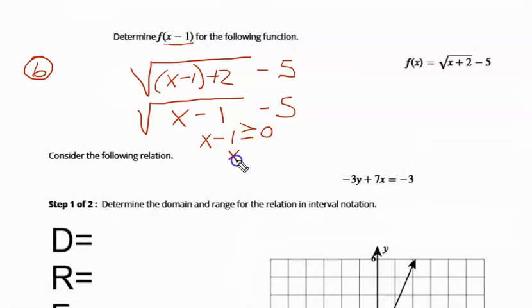So we get x is greater or equal to 1. So in interval notation, it would start at 1 and go on to positive infinity. We did one like this, but this is just a little extra review. Remember, these are multi-part questions, and I'm only picking up on some of them.